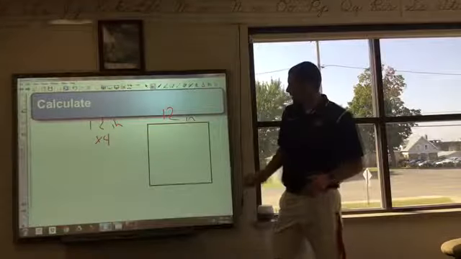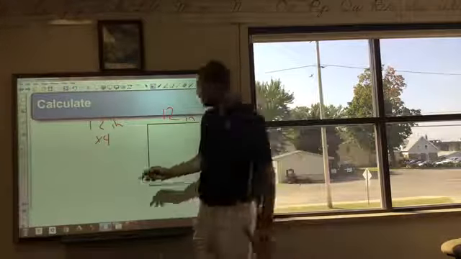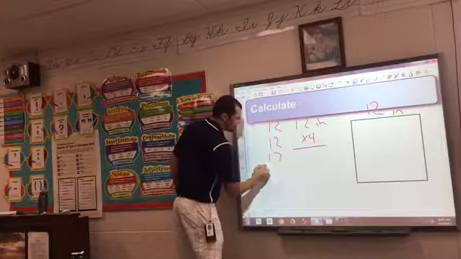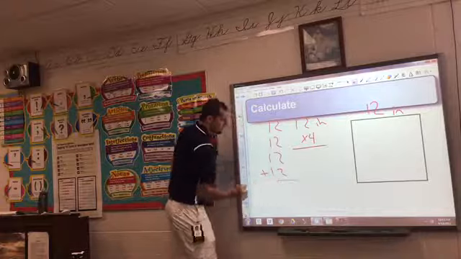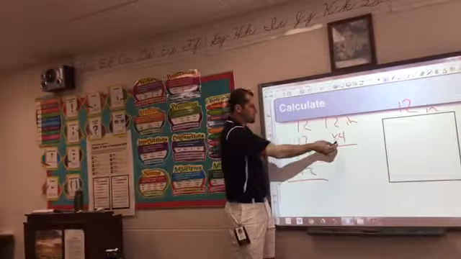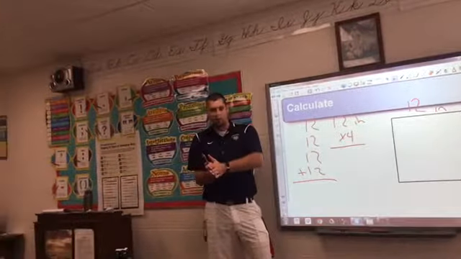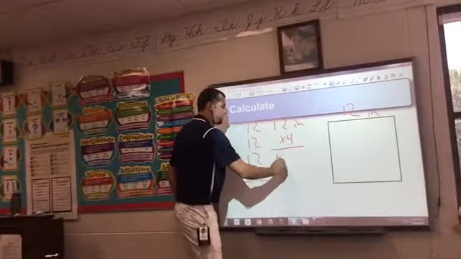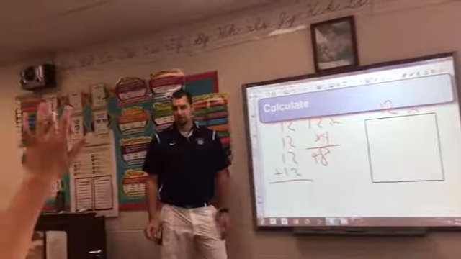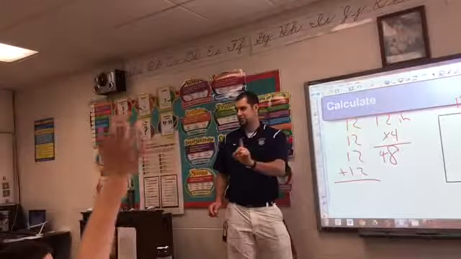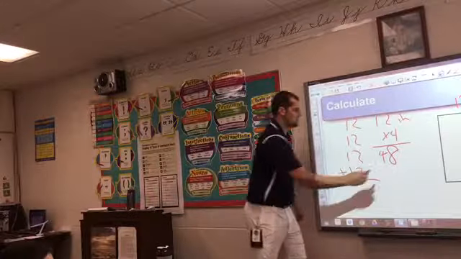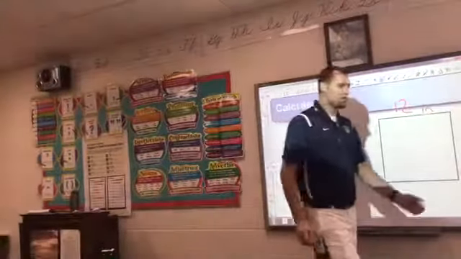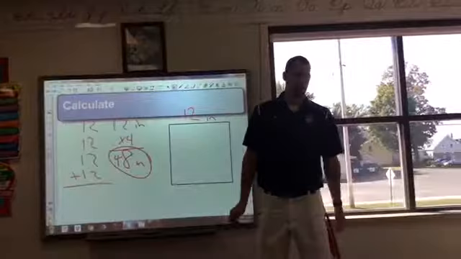Yes, you could do it the long way and go 12 plus 12 plus 12 plus 12 and do all that long adding, or I can just simply take 12 times 4, use my multiplication math facts that I know and get the answer. And what's the proper label here? Oh, which one is it? And please, please, please don't forget to circle your answers. It's getting really obnoxious on your quizzes, looking for answers.